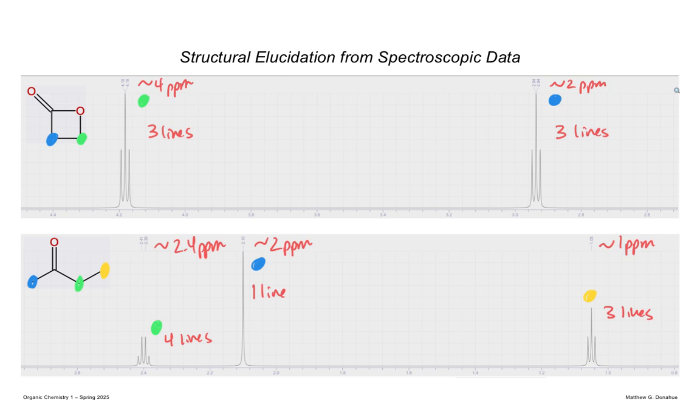If we go back up to the ester, remember I said the ratio was 2 to 2? So I'm going to say under here 2 H's, 2 H's.